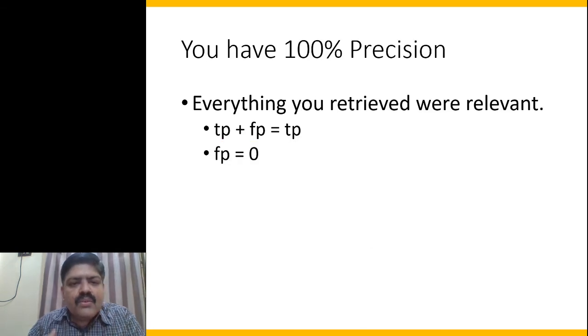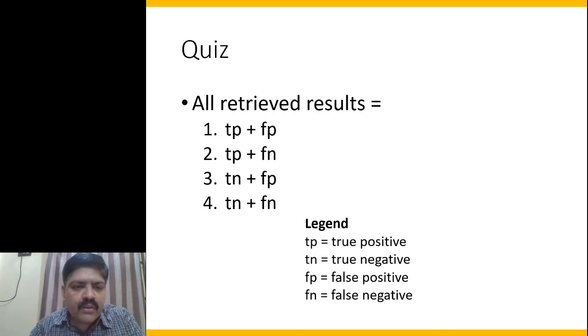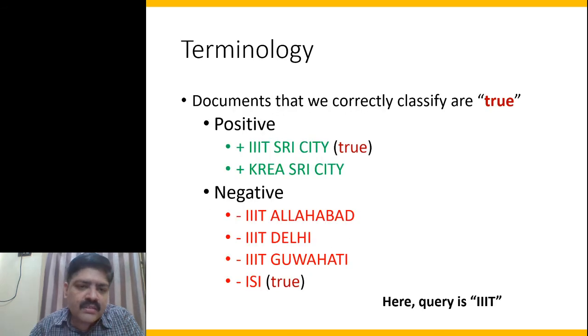So we say that you have 100% precision when everything you retrieved was relevant. Your retrieval system has 100% precision, or it is precise, if everything it retrieved was relevant. So let's say in this query, if we had only got one result, and it was, let's say, triple IT Sri City, then everything that we retrieved would have been relevant.